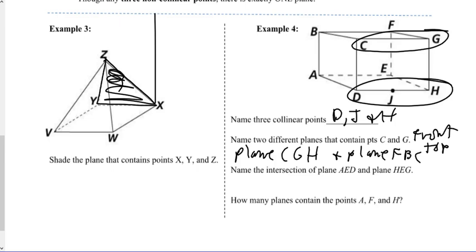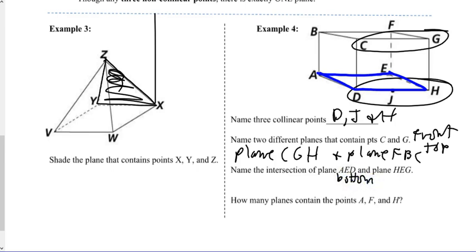Now, where do planes AED and HEG intersect? Well, what I like to do, and if you have colored pencils, it's great, but I like to just trace AED. So A, E, and D are all on the bottom. Okay? So I might even write here, that's the bottom.